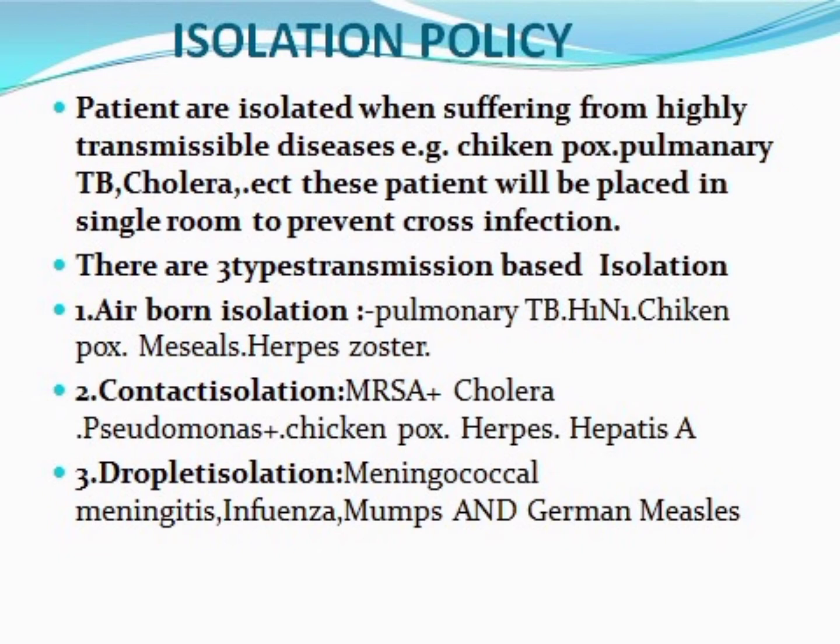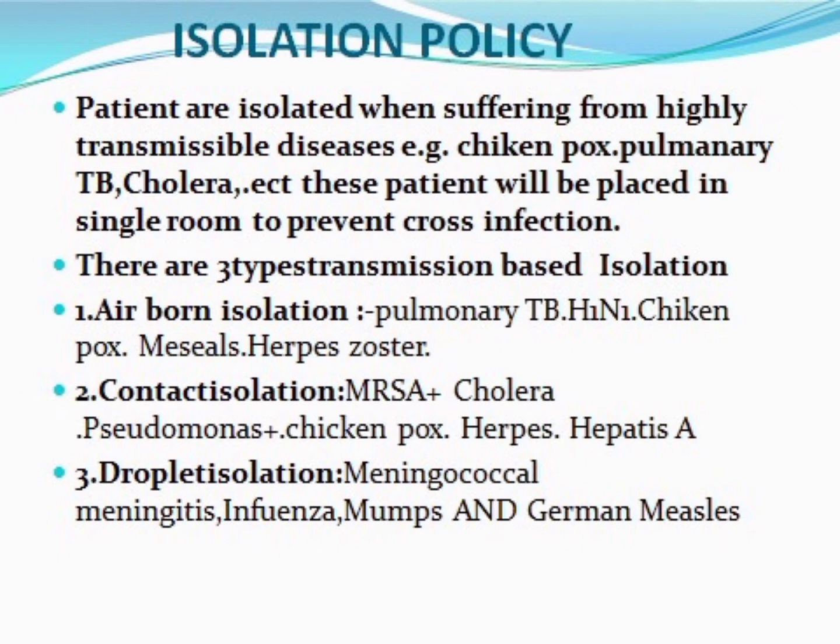In isolation, there are three types of transmission based isolation: airborne isolation, contact isolation, and droplet isolation. Based on the disease condition, we will segregate the patient and place them in a single room.